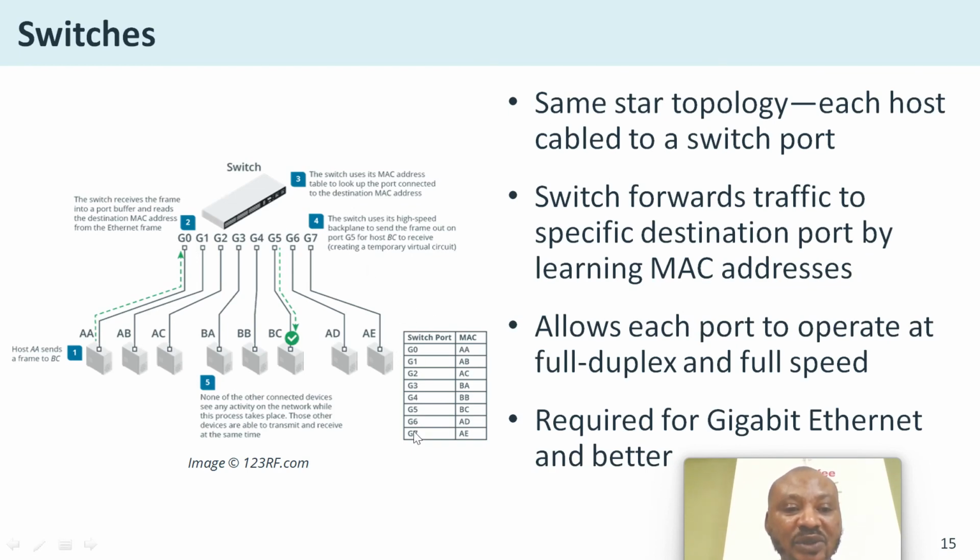Remember I told you earlier, every device on a network has a MAC address that uniquely identifies it to other devices. Since a switch is all about ports, it can have several ports, 18 ports or 24 ports, which means 18 ports can take 18 computers and 24 ports can take 24 computers.